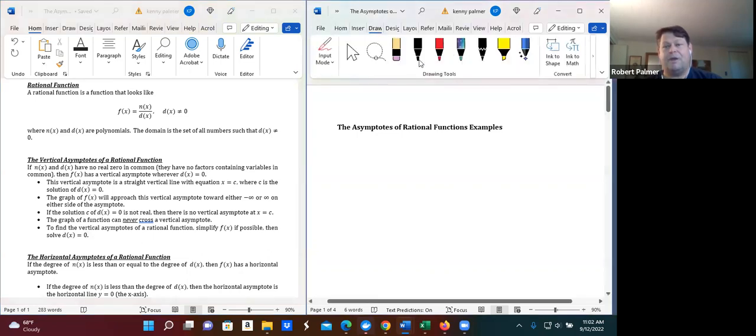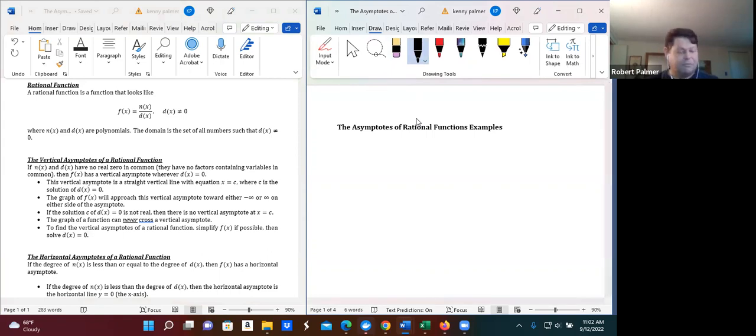Okay, let's look at our first example. After we define the vertical asymptote, we'll also talk about the horizontal asymptote. So our first example will be this function. I'll just say find vertical and horizontal asymptotes.